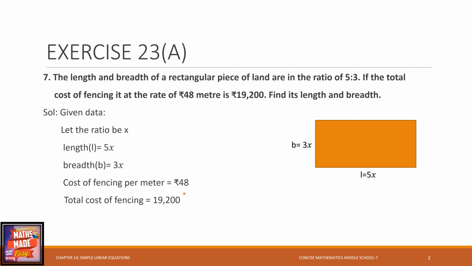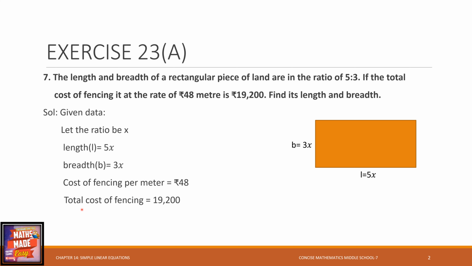From this we can easily find out the perimeter. Why are we finding the perimeter? We have to find only length and breadth, right? But if we get the perimeter, then you can easily get this x value. If we get this x value, then it is very easy to find out length and breadth. I hope it's clear why we are finding the perimeter.